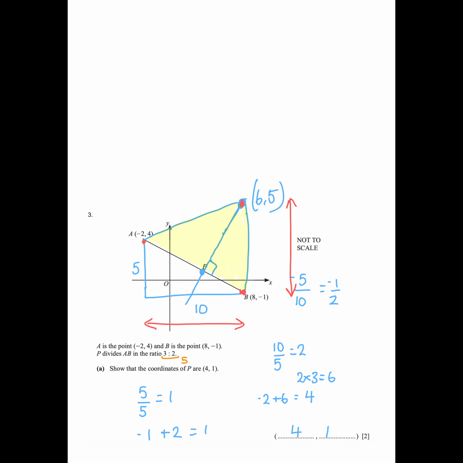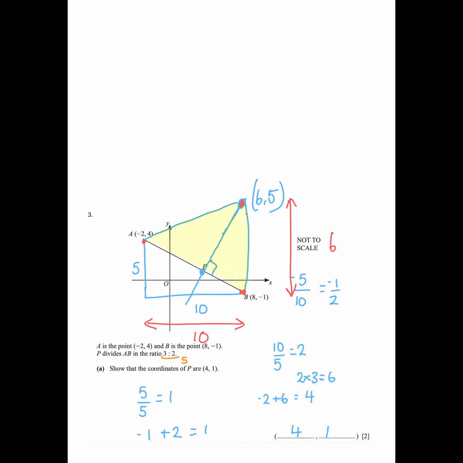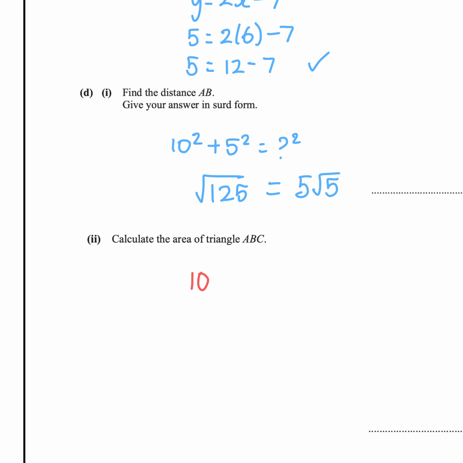The length we know is 10, and the height goes from minus 1 to 5, which is 6. So we have 10 times 6, which is 60, and then we need to half that answer because it's a triangle, and therefore the final answer there is 30.